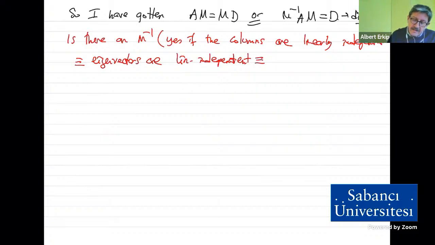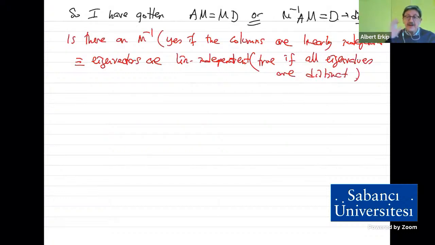And this is true if all eigenvalues are distinct, and in other cases too, but don't worry about that, this is linear algebra.